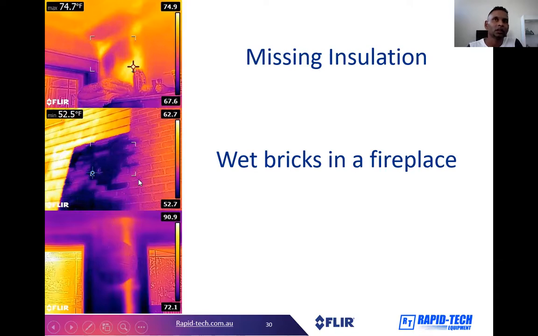There is some limitation in what you can detect. With building applications, if you're looking for water leaks and the leak is well behind the wall and it's not changing the surface property, then the thermal camera is not going to pick it up.